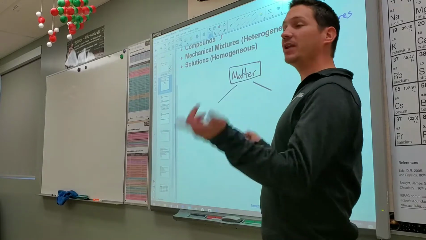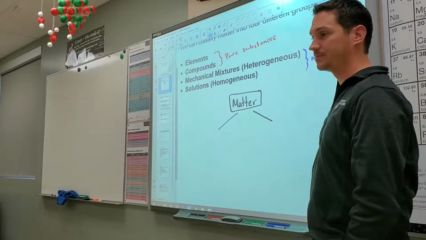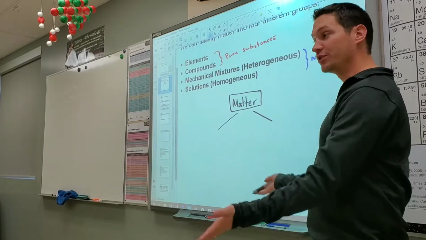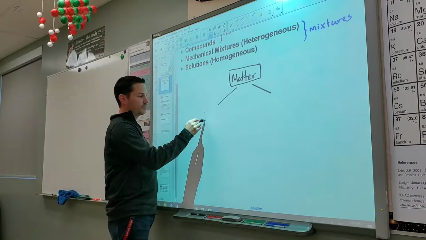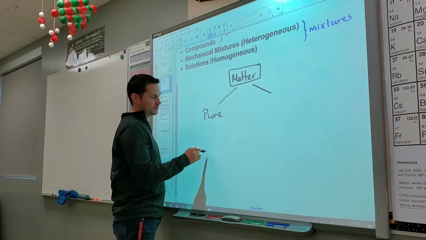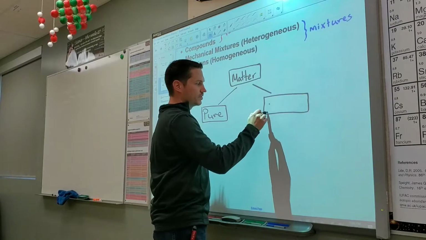So matter can be split up into what two different categories? Pure substances and mixtures, right? So on one side, we're going to put pure substances, and on the other side, mixtures.